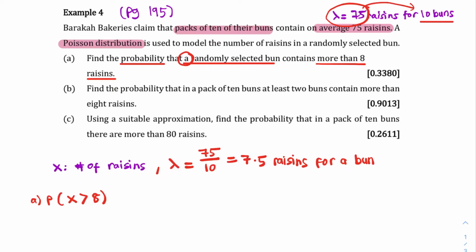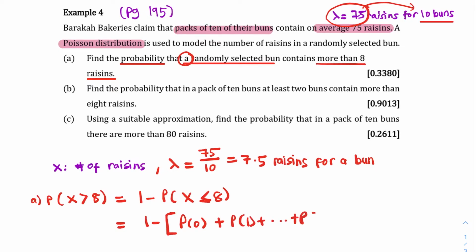So X, the number of raisins, has lambda 7.5 raisins for a bun. Then from here you can solve. Because X greater than 8 for Poisson, you have to use the complement rule, where 1 minus P(X less than or equal to 8). But if you look at your answer, you have to calculate starting from 0 until 8.